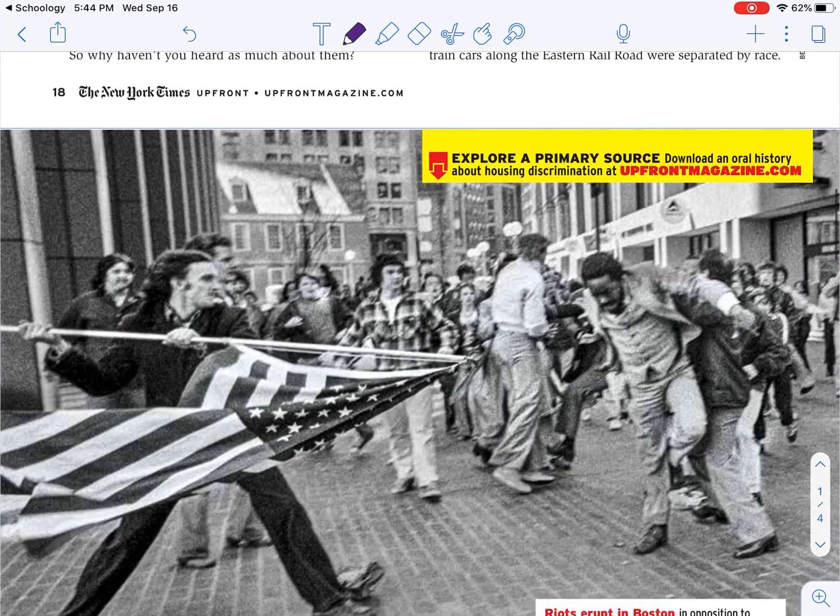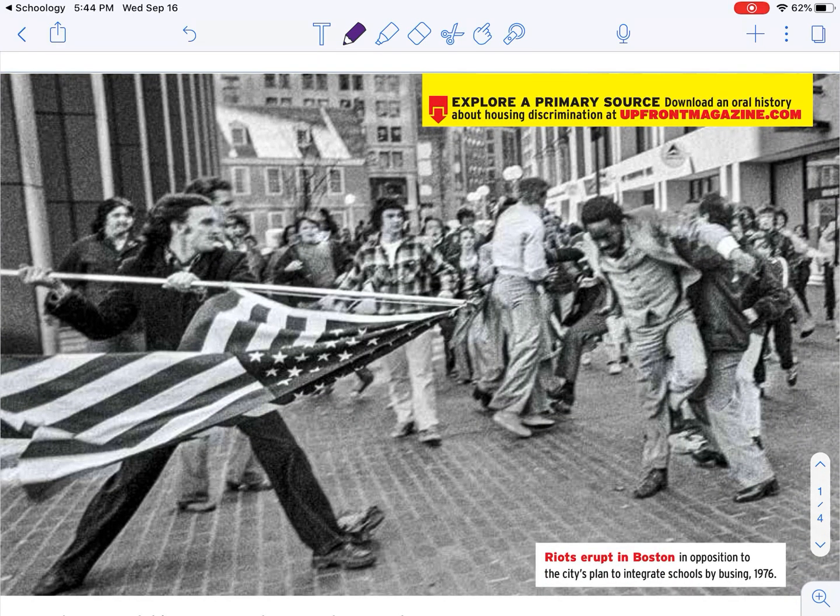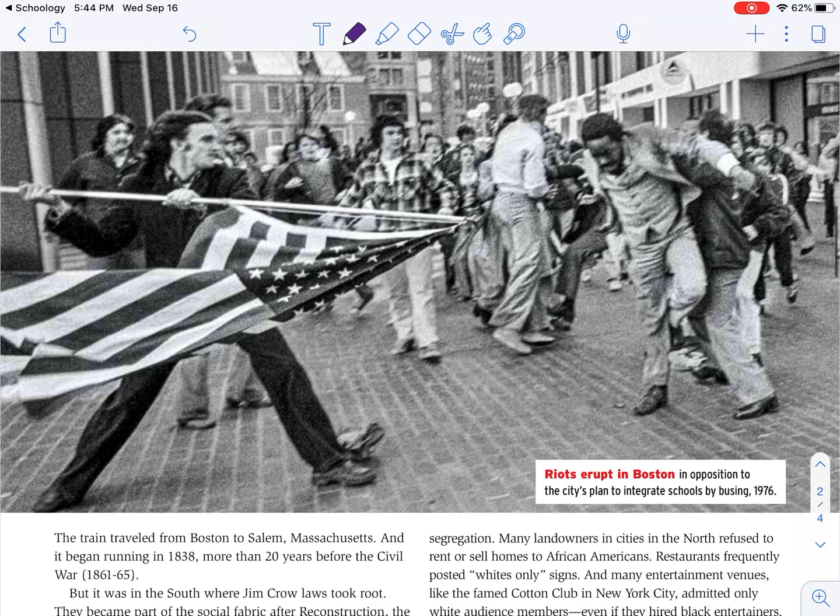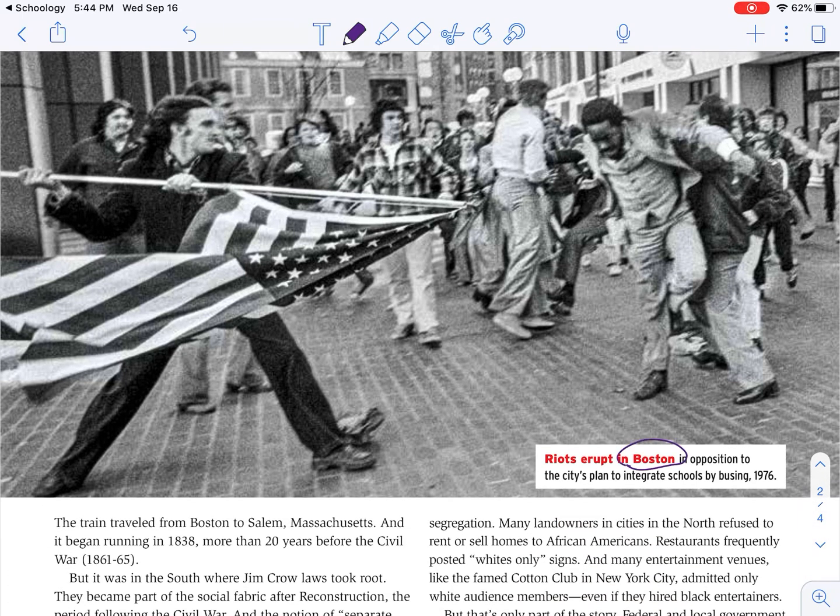I would proceed then to look at the rest of the pictures and captions because I think that has great value. So here, riots erupt in Boston. Okay, so now I'm in another city. I was in Detroit before, now I'm in Boston. They're opposing the city's plan to integrate schools. And now we've jumped ahead almost a decade here to 1976.